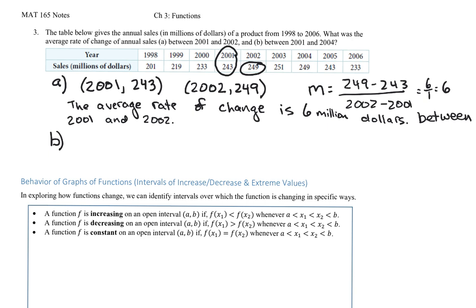In letter B, we're asked to find the rate of change between 2001 and 2004. We already know that in 2001, the sales were $243 million, and in 2004, the sales are $249 million.